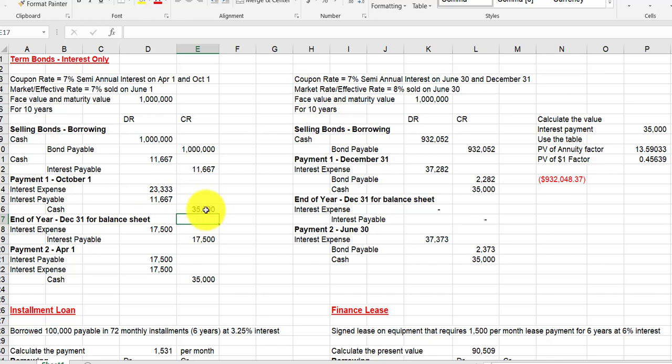And we're going to give them a total of $35,000 in cash. Okay, so that's our first payment. Now, we don't have to worry about this $11,667 initial one. That was only at the beginning, and it's not going to crop up again.